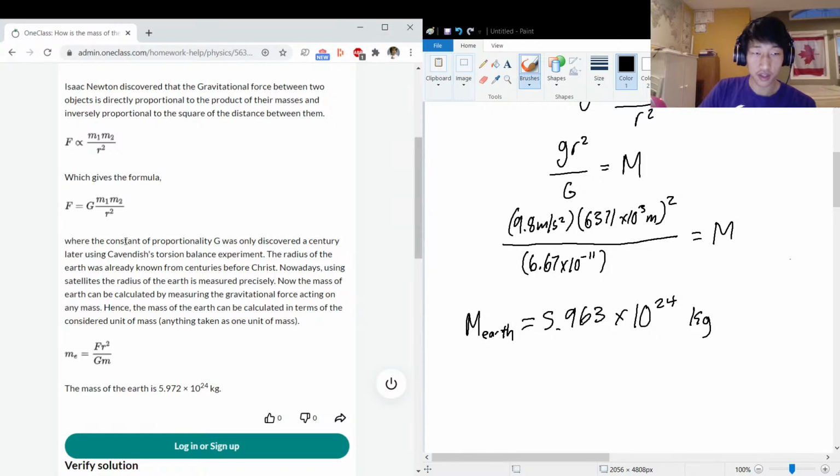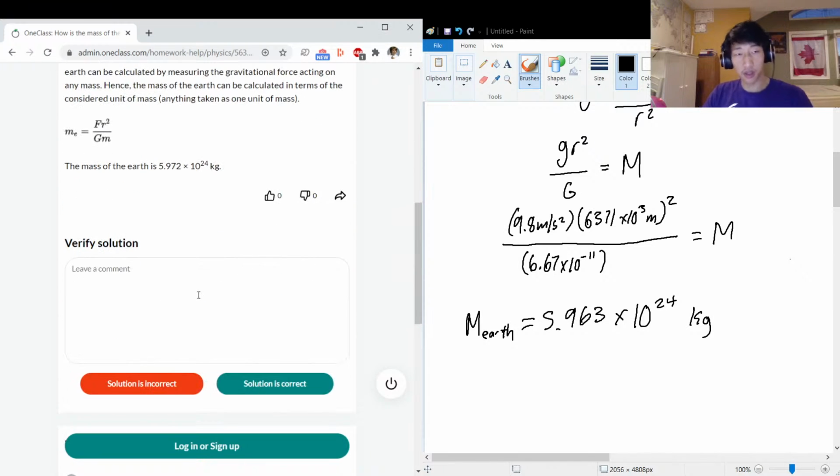And I guess here they just used the F, but that would probably come from an mg calculation.